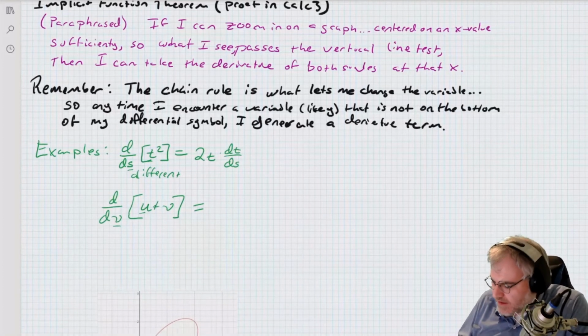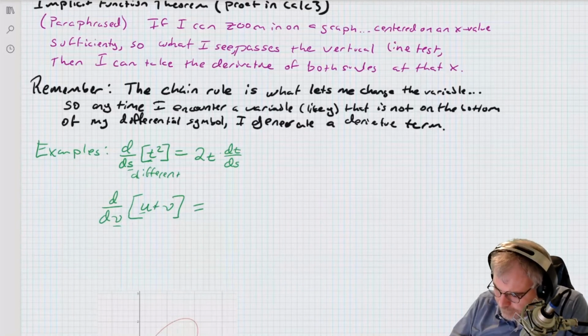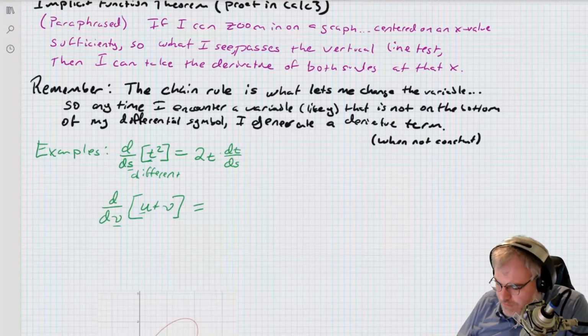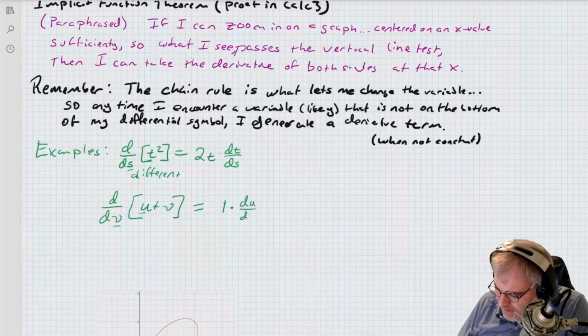They're not constant. These are all moving. If it's a constant, it just goes to 0. But if it's not a constant, if it moves, I need to use the rule. So this is going to be 1 times du over dv plus 1.